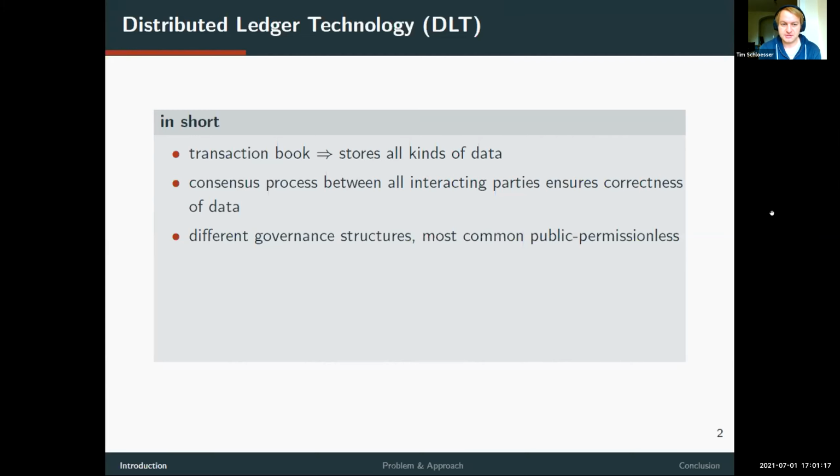There are different consensus processes and very different sets of distributed ledger technology, which we elaborate on in our chapter. Also important to mention in the beginning, there are different governance structures of a distributed ledger technology. The most common one is a public permissionless one, so everybody can access it and interact with it.